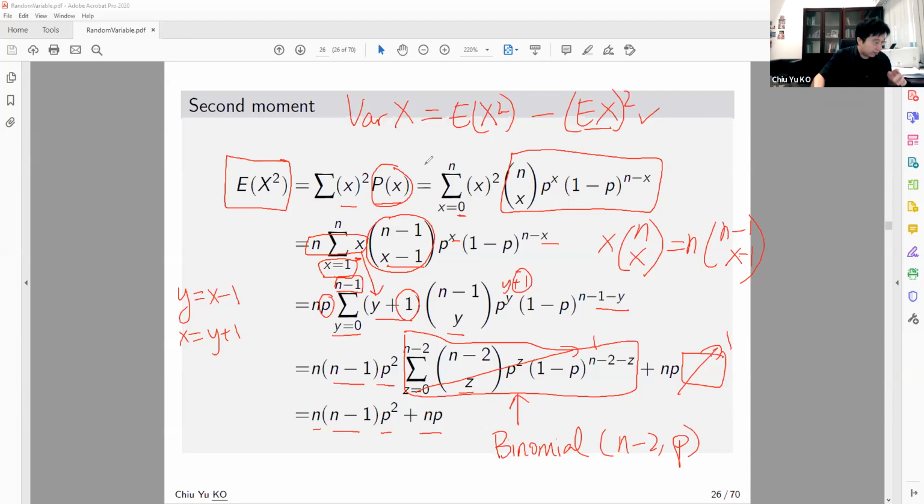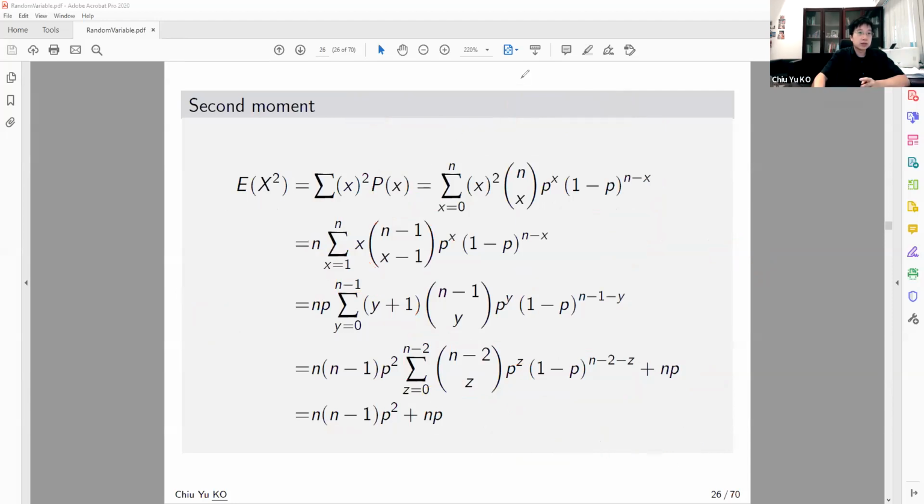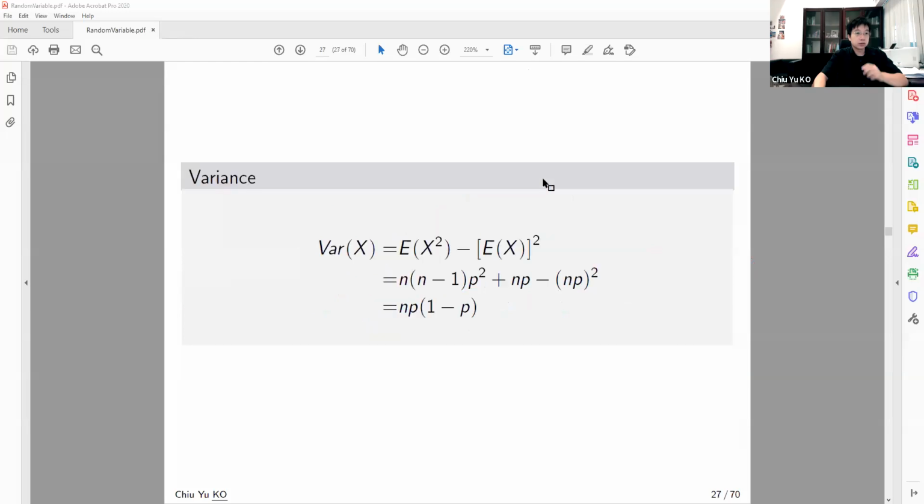I think time's up, but I will show just one more slide, proving the variance, and then we're done today. So the variance: we have this is np, and we have just shown this is n times n minus 1 p squared minus np.